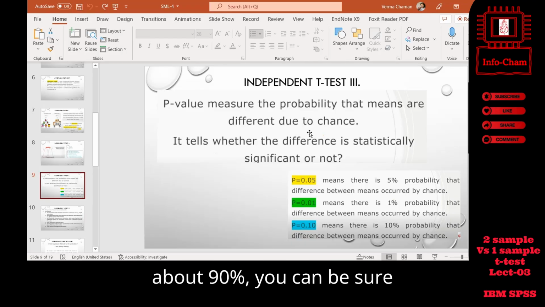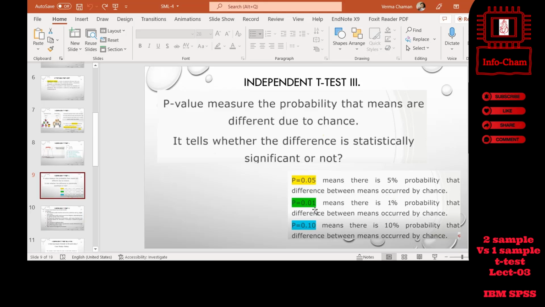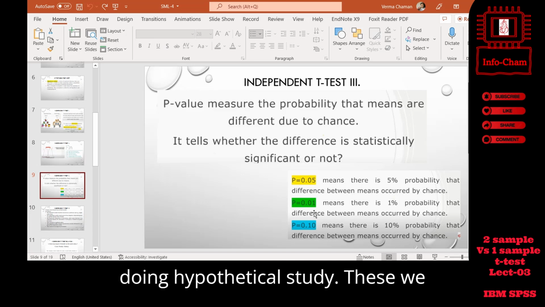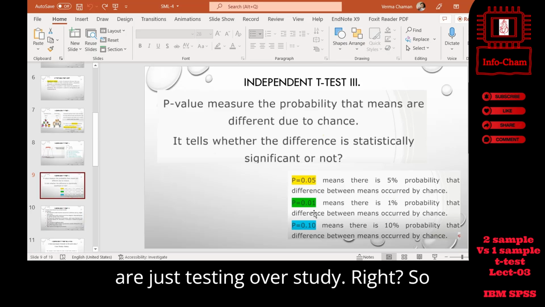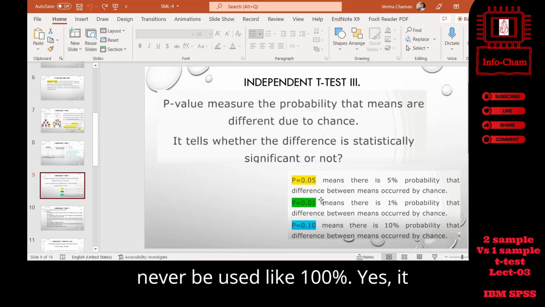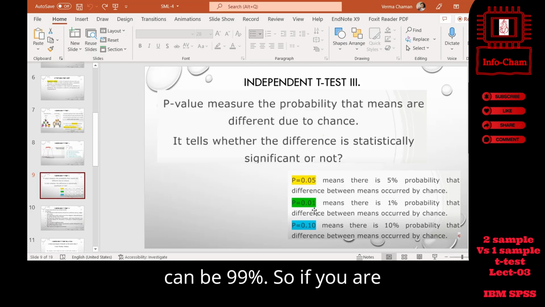You can be sure about 90%, you can be sure about 95%, you can be sure about 99%, but you cannot be sure about 100%. Because why? Because we are doing a hypothetical study. We are just testing our study, right? So never use 100%. Yes, it can be 99%.